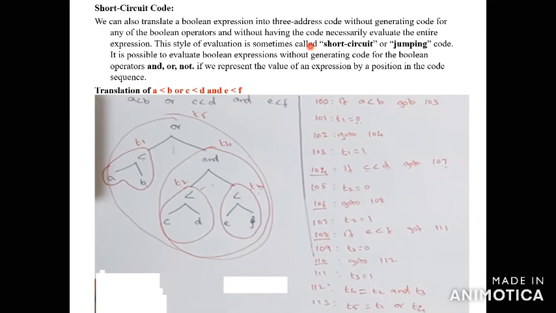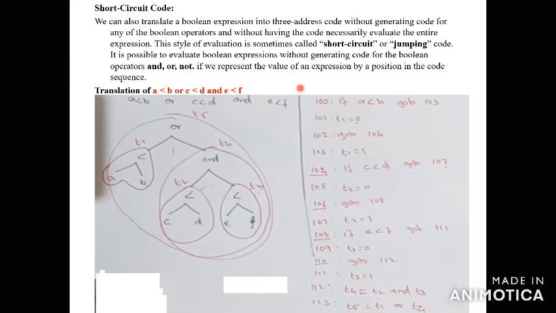You can check with the example: A less than B or C less than D and E less than F. According to the example, there are or, and, not. What is the highest precedence? And is the highest precedence. After that, or is the next highest precedence.